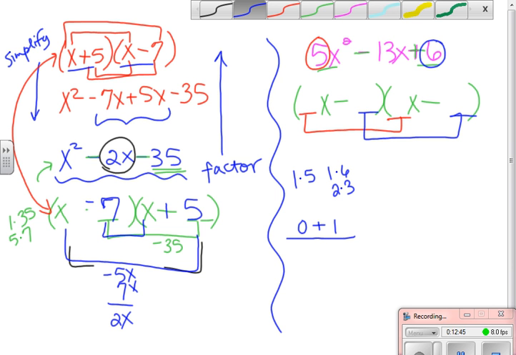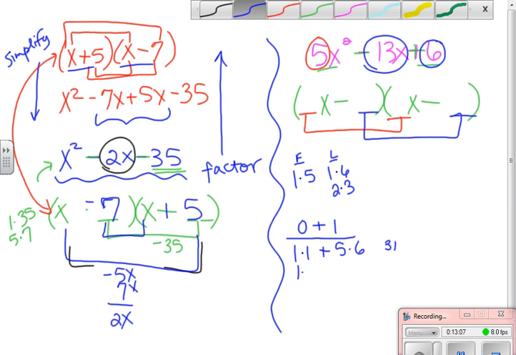outside plus inside combinations. Since I have two negatives, I'm really adding. So I'm going to take one factor from the 5, multiply it times one factor from this last position. This is my first position, my last position, and I'm going to add to it the other two factors. Okay, that's going to be 31, which is not 13.